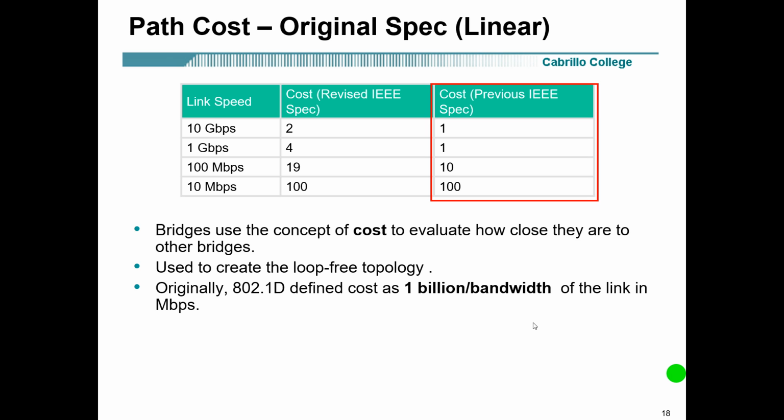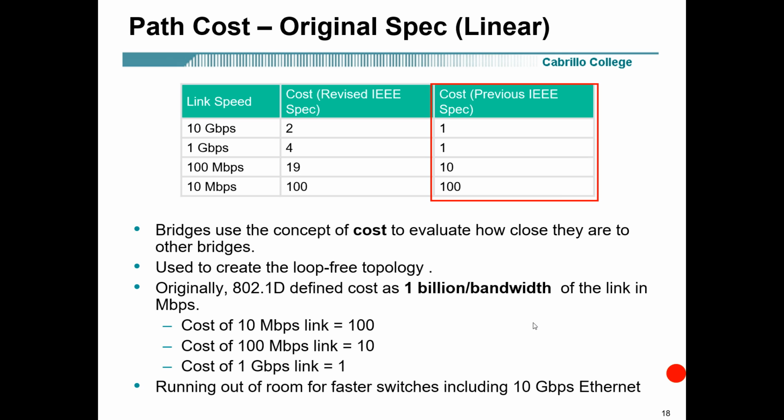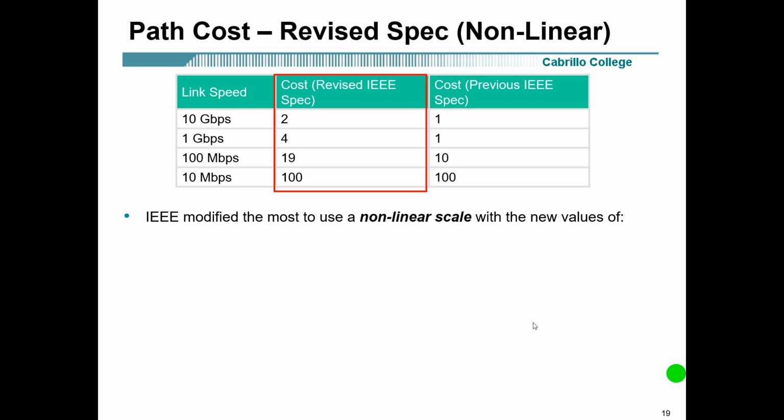The original 802.1d defines the cost as 1 billion divided by the bandwidth of the link in megabits per second. That's how we got our 10, 100, and 1 gigabit links being the appropriate link speeds. But again, running out of room as we approached over 10 gigabits per second, we had to do our revised values. IEEE has modified them to use a non-linear scale for our new values.